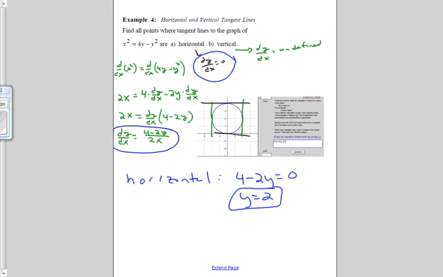Well, when y equals 2, going into our equation, we have x squared equals 4 times 2 minus 2 squared, or x squared equals 4. And remembering plus or minus, this is going to happen when x equals plus or minus 2. So we're going to have horizontal tangent lines at (2, 2) and (negative 2, 2).